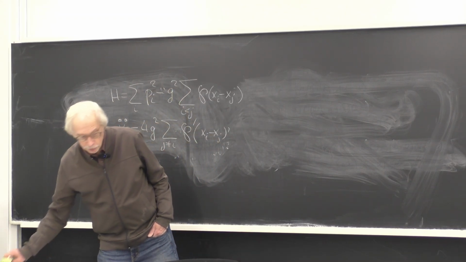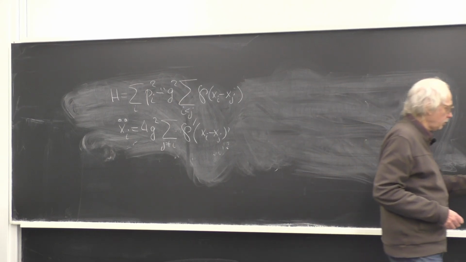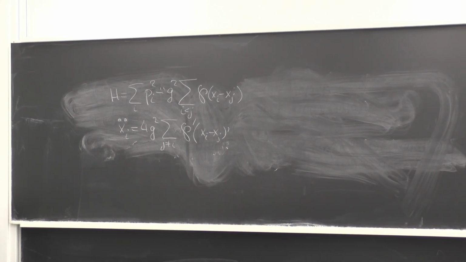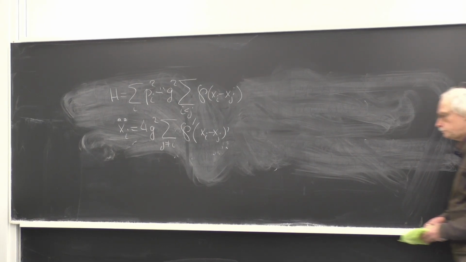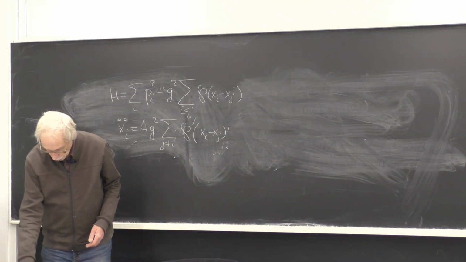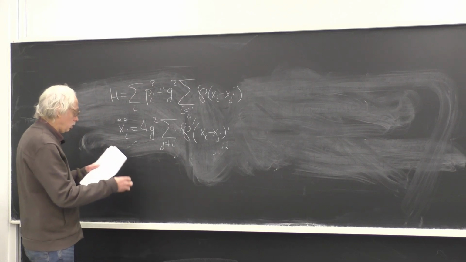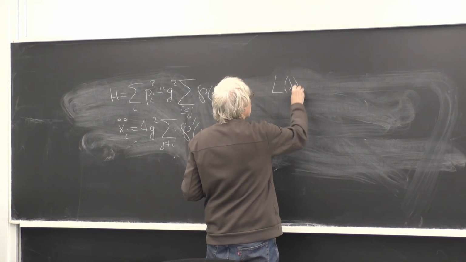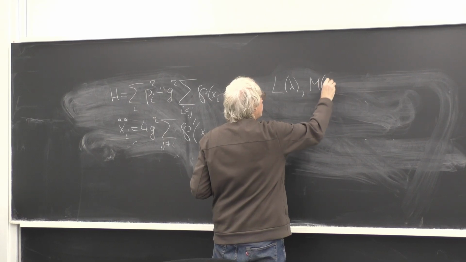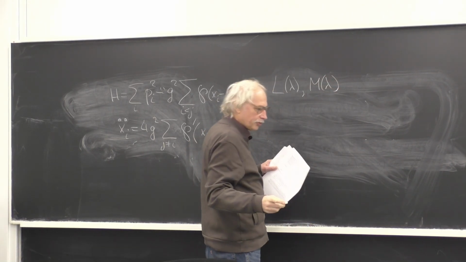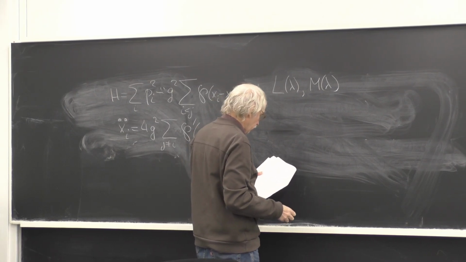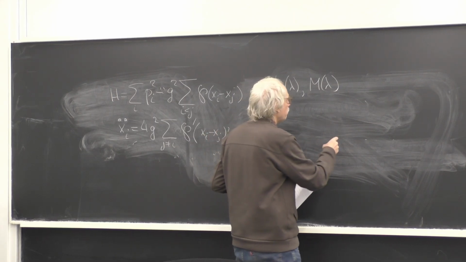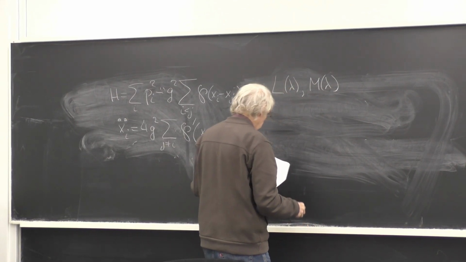These equations of motion have a Lax representation. But now the L and M matrices satisfying the Lax equation depend on an additional parameter lambda, which is called the spectral parameter.